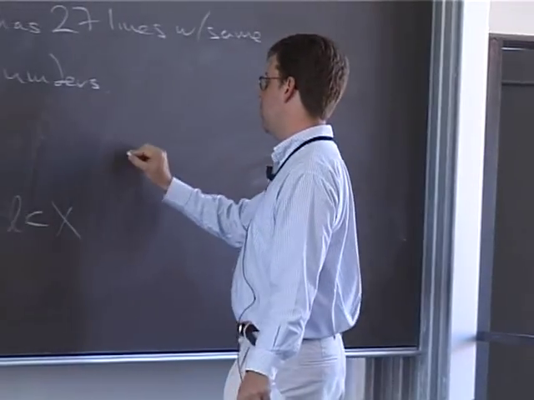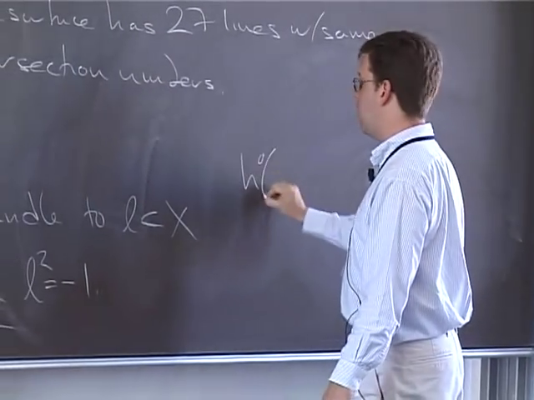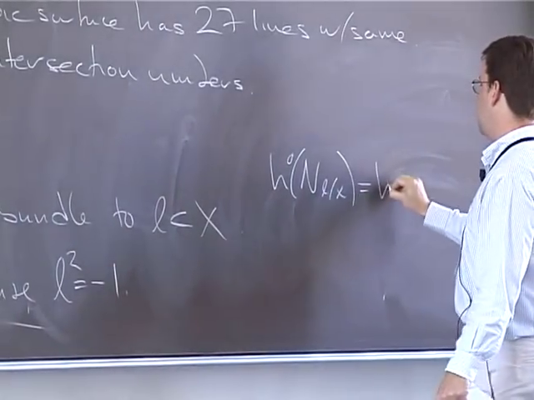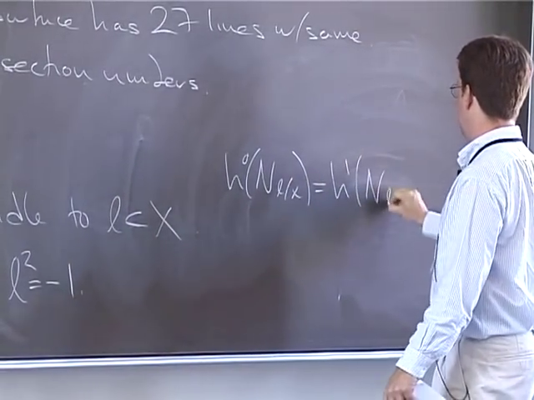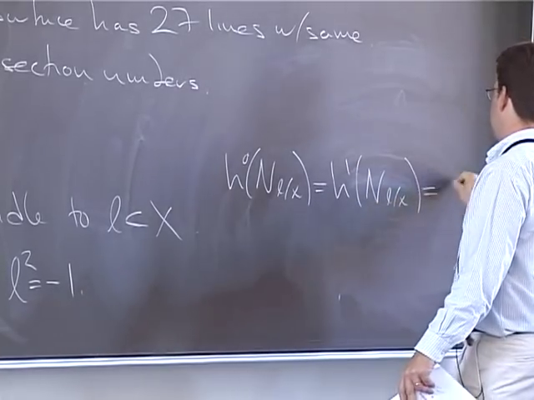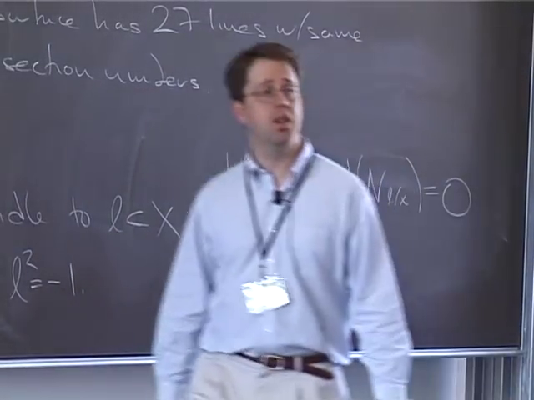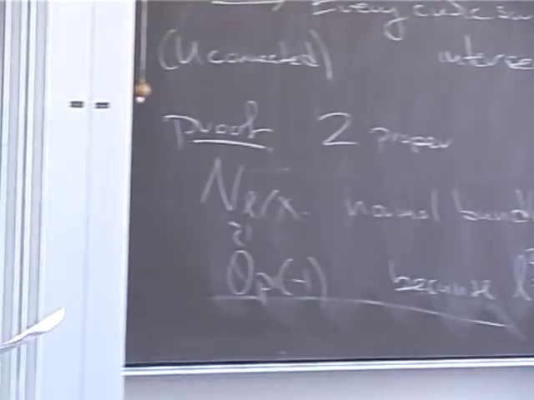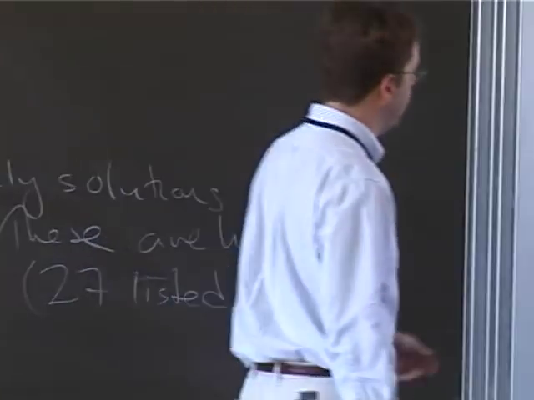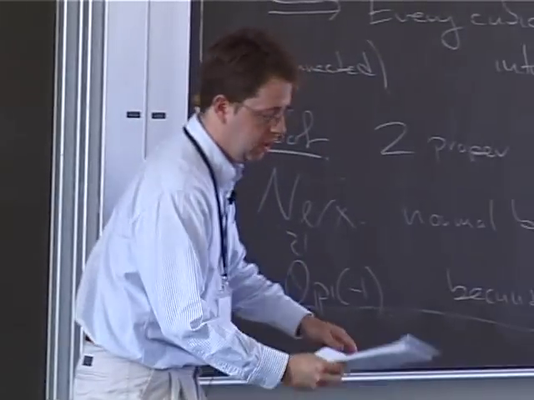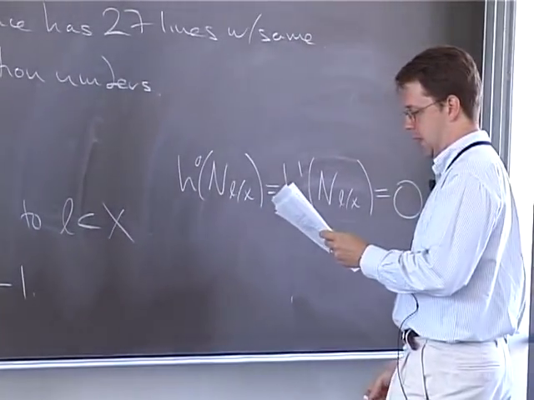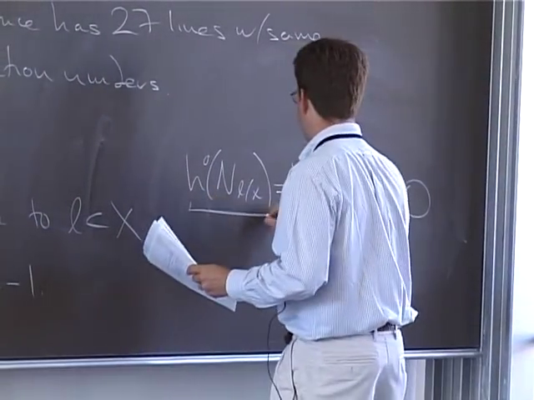We also know that H0 and H1 are always equal to 0, just using the fact that I know what the cohomology of this sheaf is. Well, this means that, so this is a tangent space.